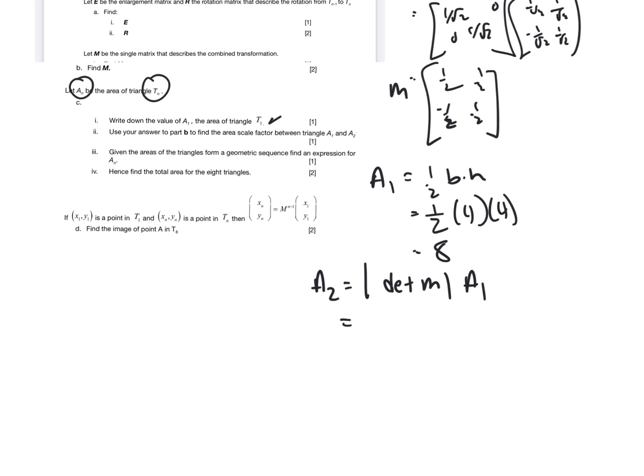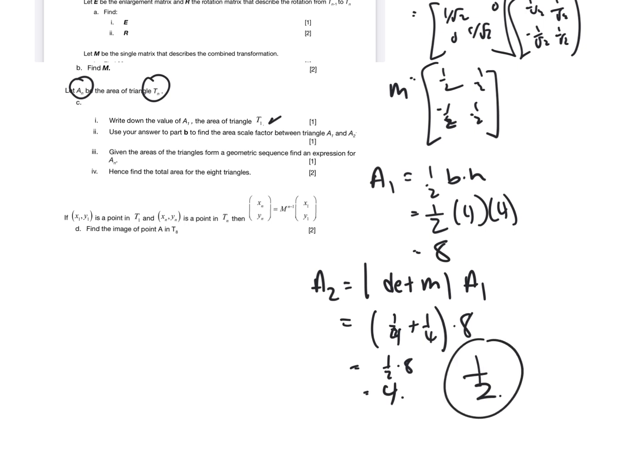So the determinant of M is a half times a half plus a half times a half, so a quarter plus a quarter, which is 1/2, times 8, which is going to be 4. And so therefore the area scale factor is 1/2, each time it's going to change by a factor of 1/2.